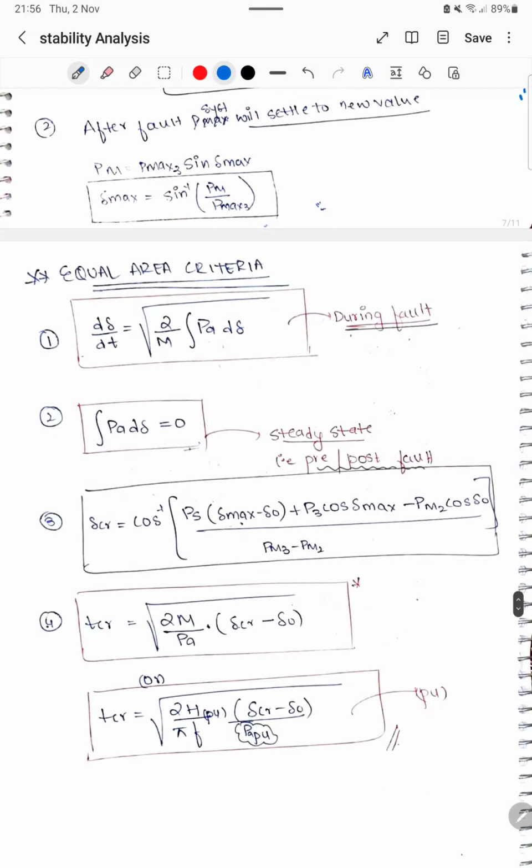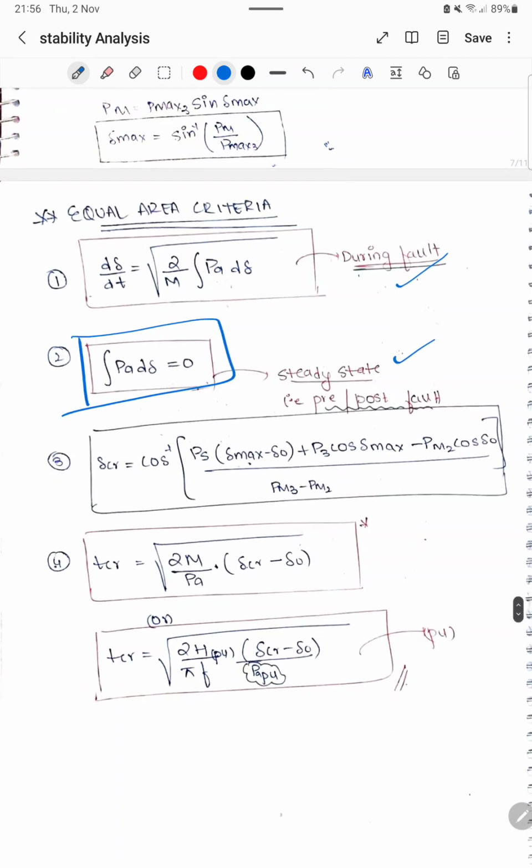Equal area criteria, there are two formulas of it: during fault and steady state, that is pre and post fault. During the fault, d del upon dt is nothing but root of 2 upon m integration PA d del, which is not equal to 0. In steady state, integration of PA d del equals technically 0.